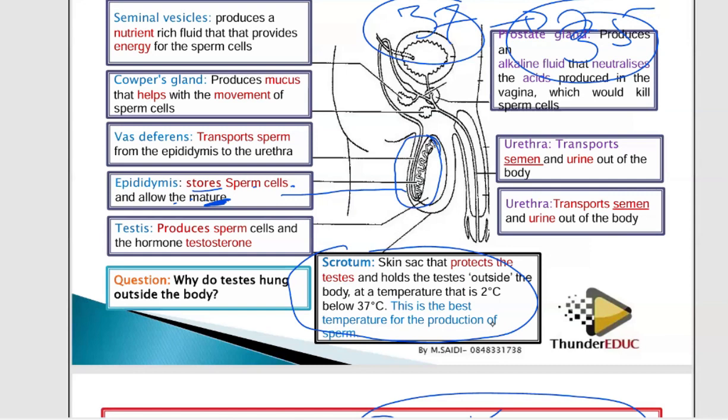Remember, these sperms are protein in nature. That's why some people, I don't know, like to put these things on their faces so that they have a soft, glittering face.